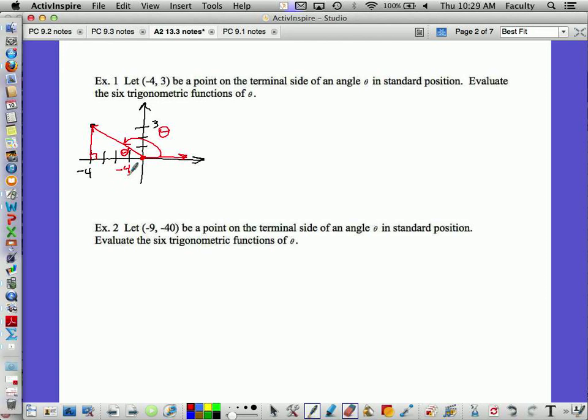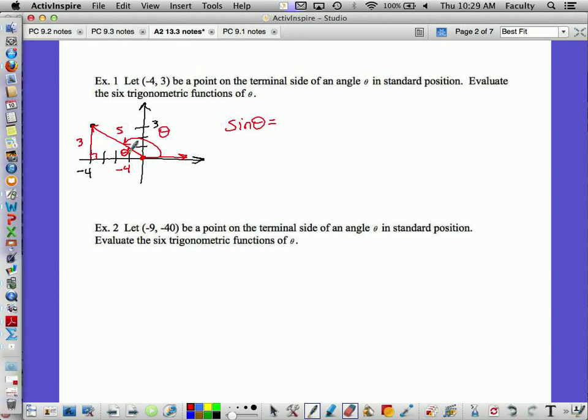So even though the side of a triangle can't be negative, I'm going to label it negative so that this will work. And then I went up 3. So this is a common Pythagorean triple. The hypotenuse is 5. Now we're going to use the theta prime in place of theta, but I'm going to write theta because then I'm going to use the proper positives and negatives that I need.